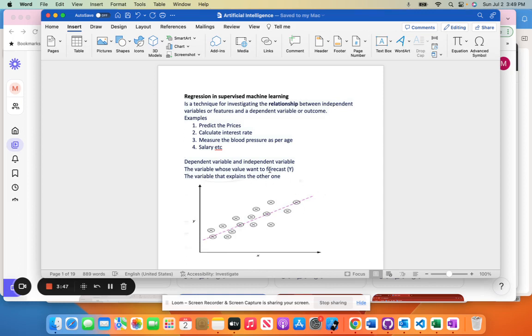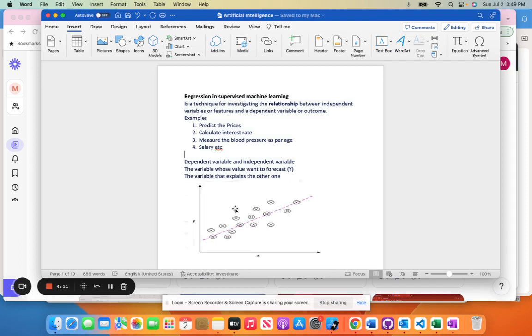So the dependent variable is the one whose value we want to forecast, our predicted y value, and the independent variable explains the others. Meaning that the x value, the feature value, is what we use to predict or forecast the future.